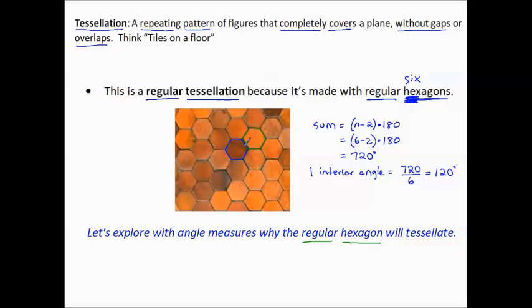So each of these interior angles is 120 degrees. So notice the hexagon that's sitting next to this hexagon, the interior angle that's adjacent to it also has to be 120 degrees.